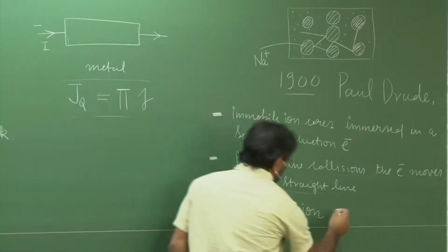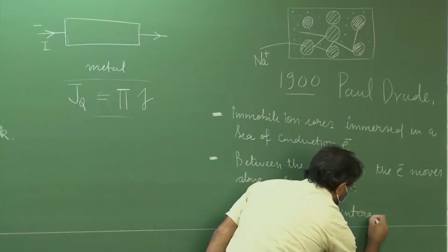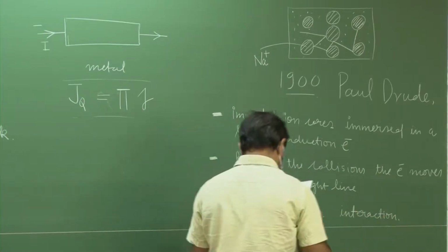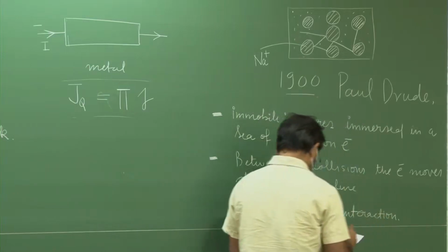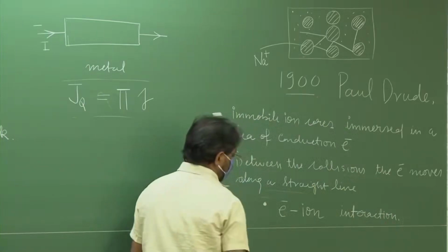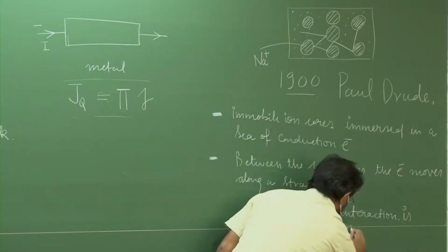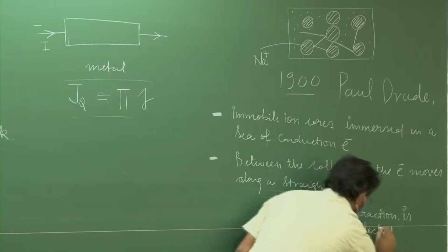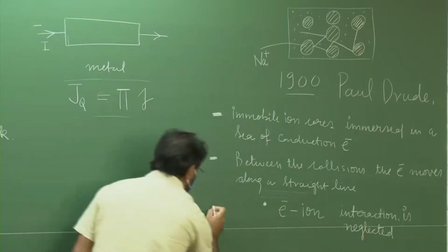It took us the next 20-30 years to get the correct picture starting from here. So this electron-ion interaction is neglected. When you neglect electron-ion interaction, you call it a free electron model.